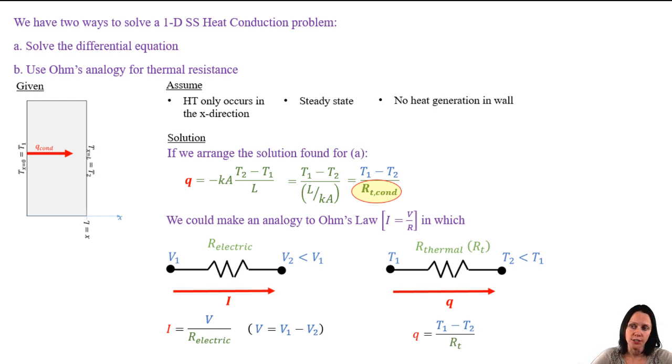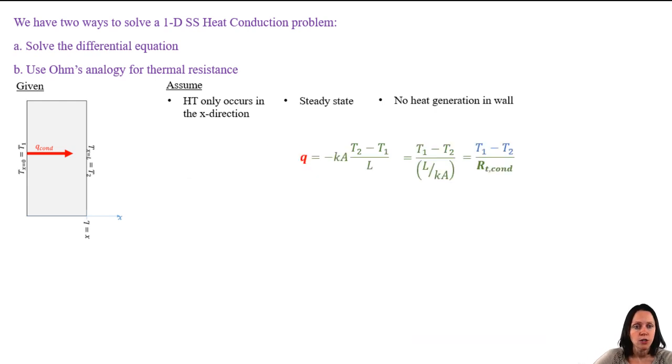But Ohm's analogy extends to convection as well from a plane wall. So say that we have our plane wall, and at the right-hand side of the wall at x equals 0, it experiences convection.